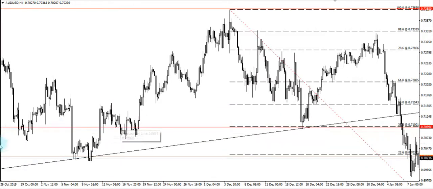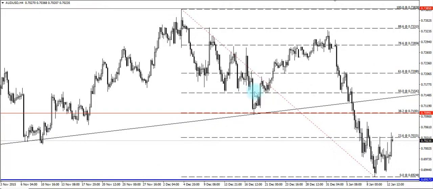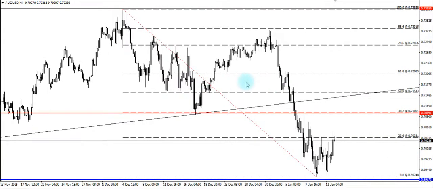We do see pretty much support right here. This is a pretty good level to look for the sell for the Australian dollar against the US dollar. So you may want to take note of that level to go for a sell opportunity. Alright, so that is for the Aussie against the US dollar.